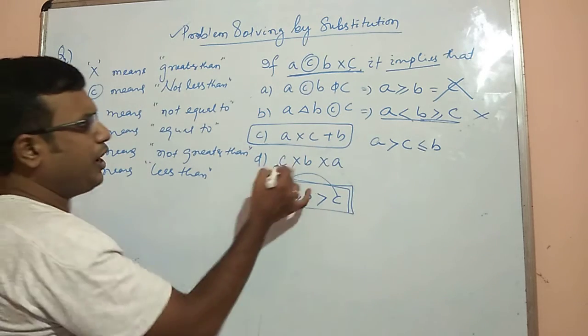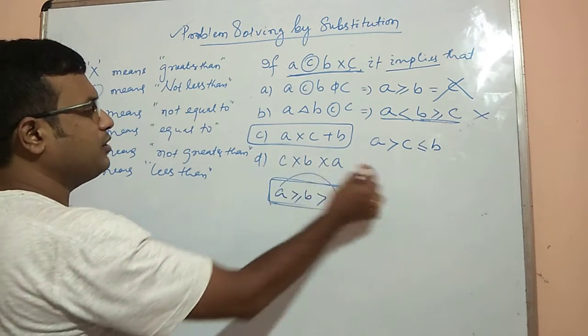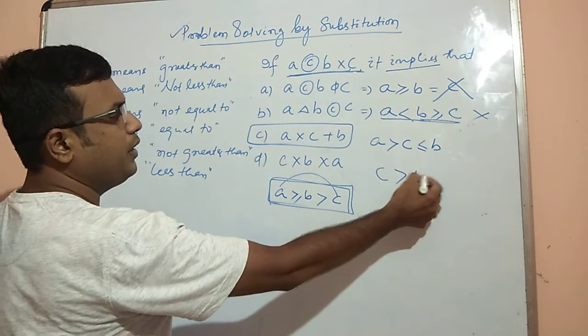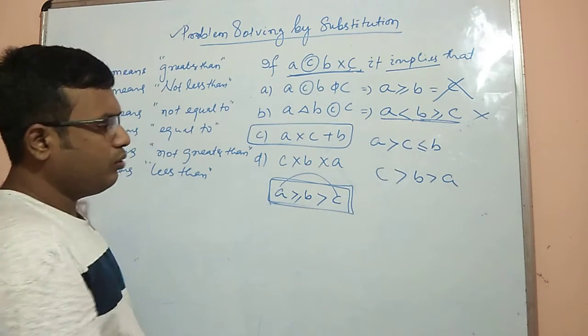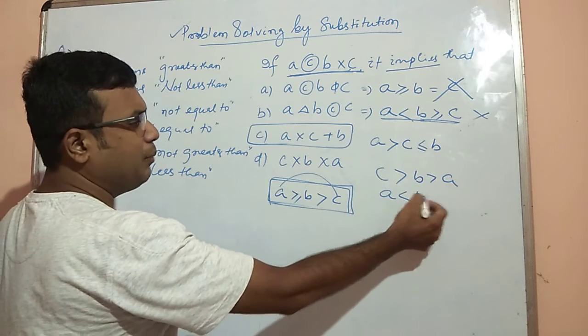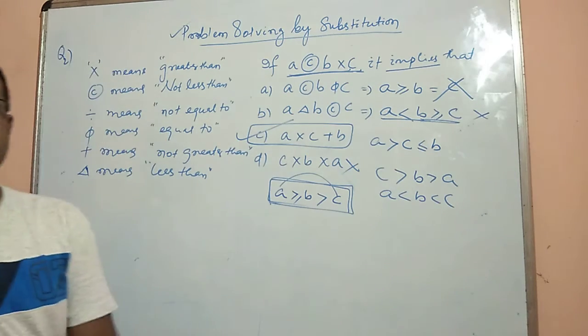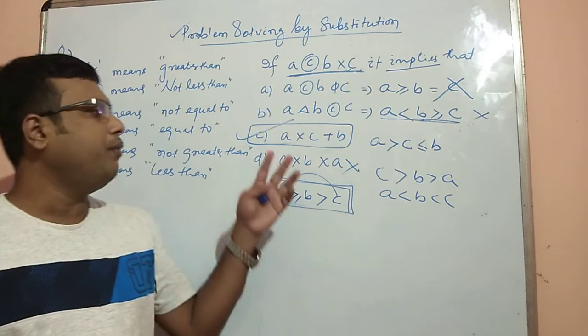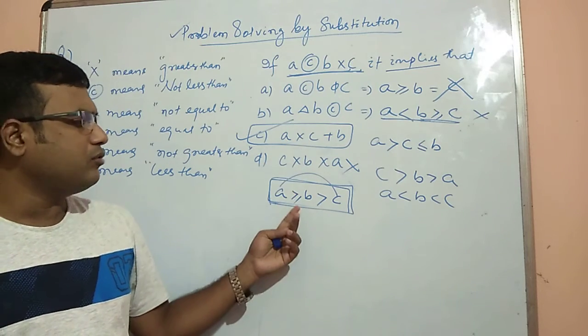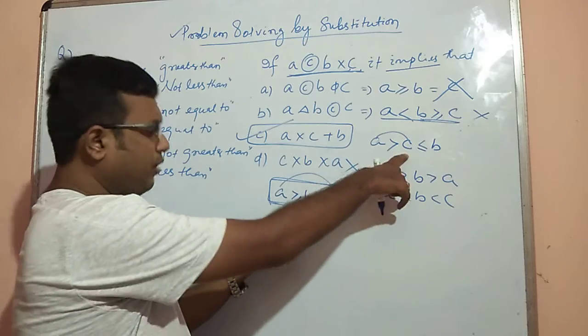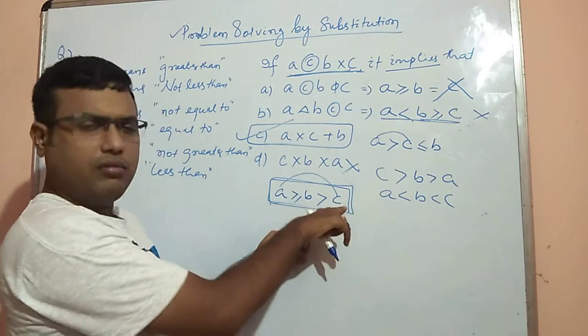So next check CBA, that means C cross mark means greater than B greater than A. So that means if you write less than B less than C, so not correct. I think C is your answer. Right, C probably your answer. That means somehow match with this one. When you compare A to C, A greater than, right?